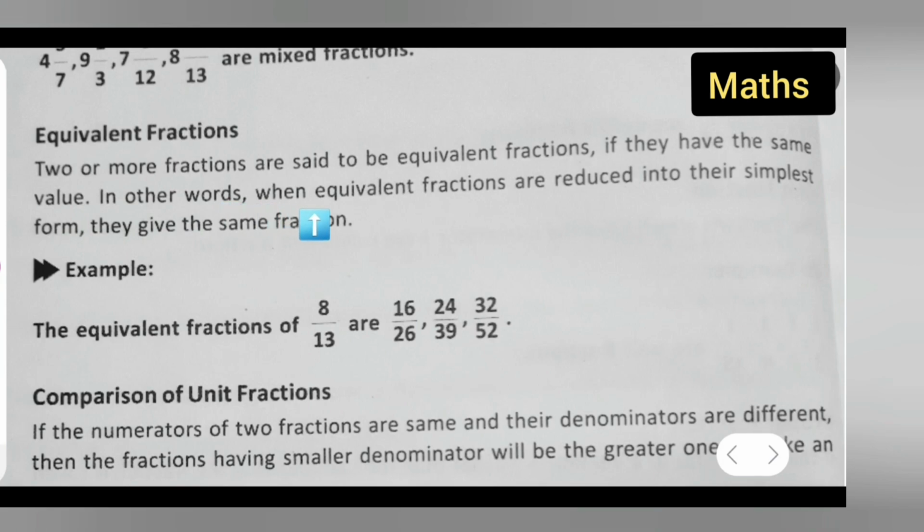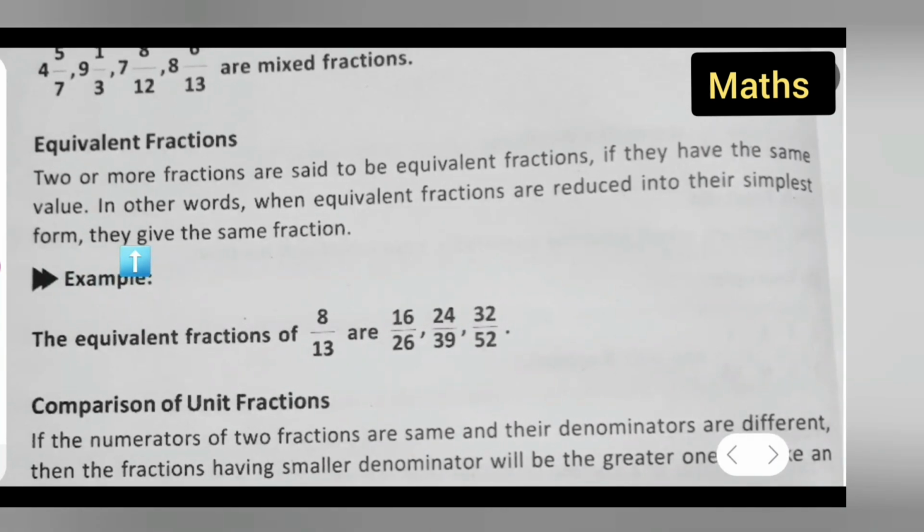In other words, when equivalent fractions are reduced to their simplest form, they give the same fraction. For example, equivalent fractions of 8 upon 13 are 16 upon 26, 24 upon 39, 32 upon 52.